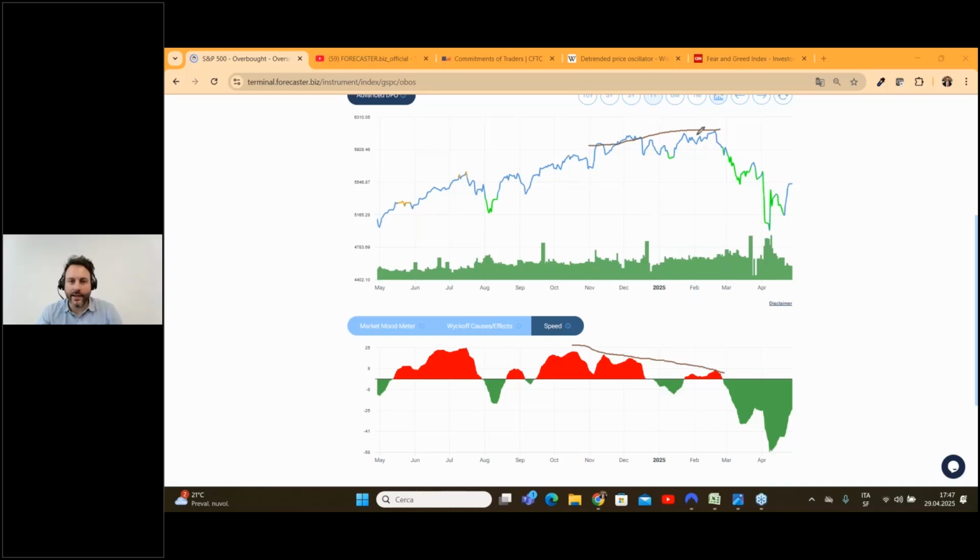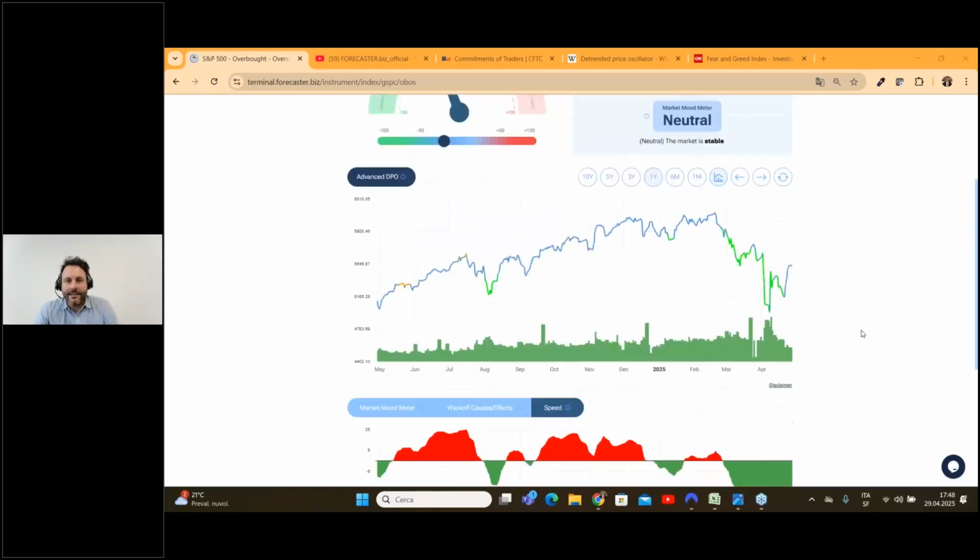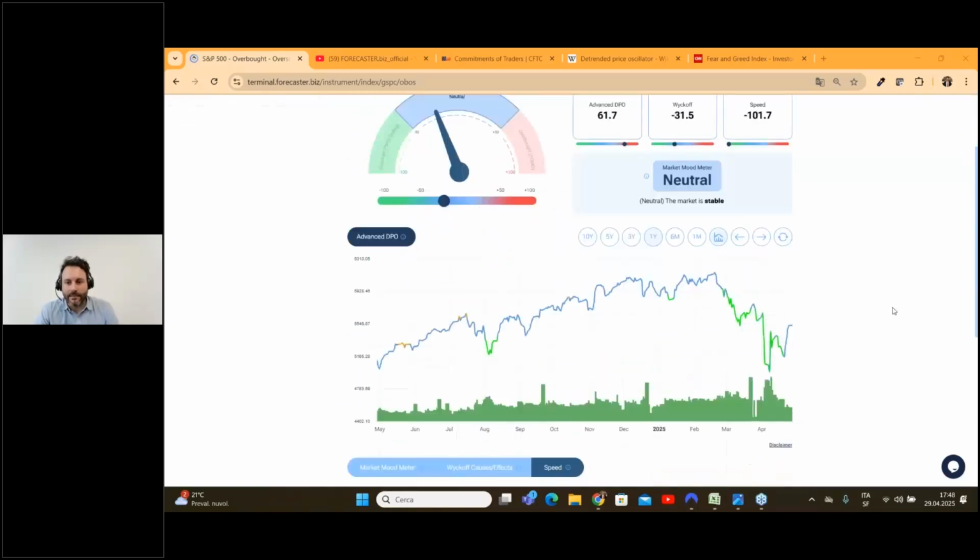Here we can find what we call a divergence, because prices are going up, but at the same time, the speed is telling us that something inside the trend is changing, okay? And this is something really important because we can analyze how prices are moving and understand if it's time or not to buy, okay?